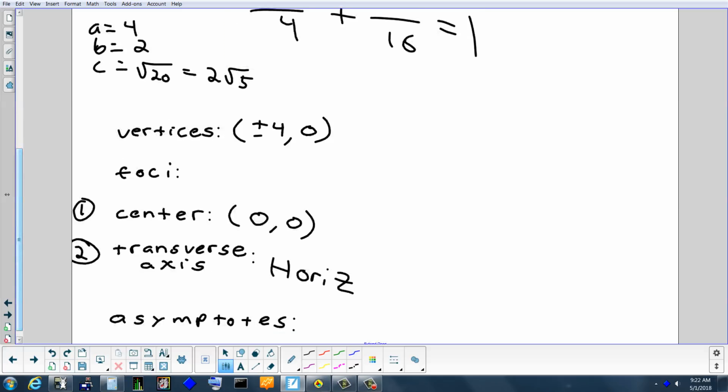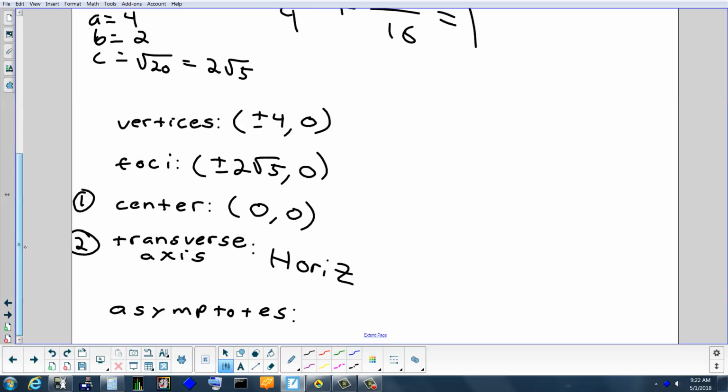Megan, how far away are my foci? How far? They're 2 square roots of 5 units away, again, horizontally. So it's positive and negative 2 root 5, 0.